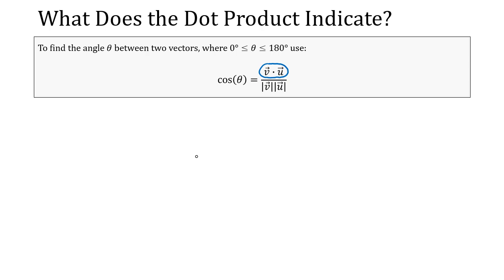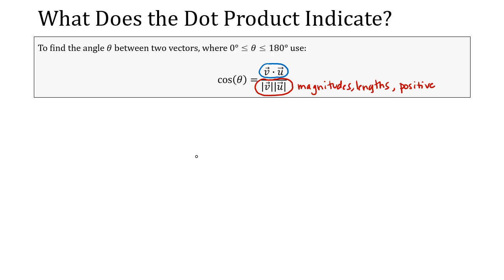Is that true? It is true because the denominator is just the product of the two magnitudes. And magnitudes are just lengths, aren't they?